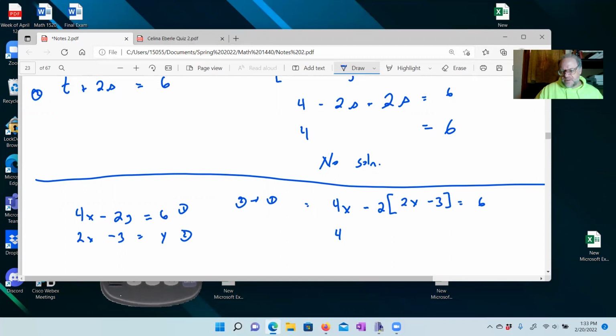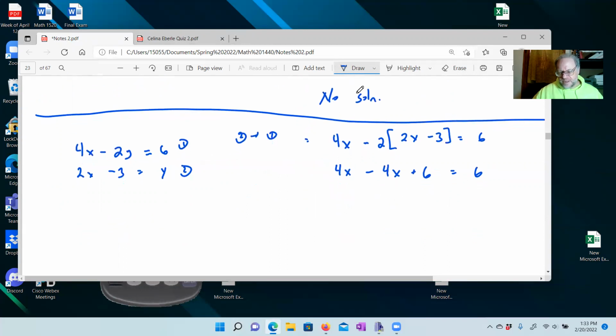So we've got 4x minus 4x. 2 times 3 is going to be positive 6. So 2 times 3 is 6, plus 6 equals 6. So we get 4x minus 4x, delightful, and 6 equals 6.